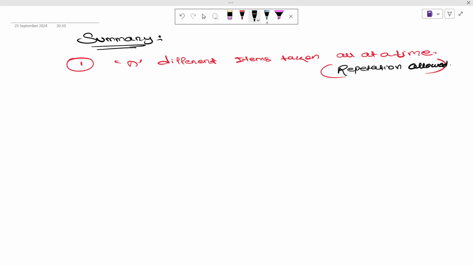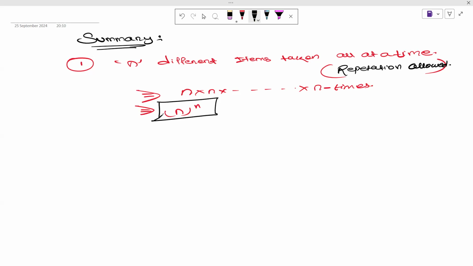So if there is repetition, then it will run n times, which is n to the power n.